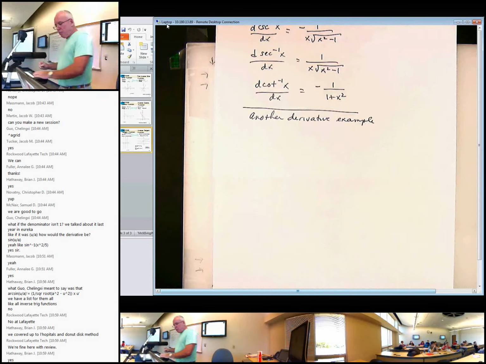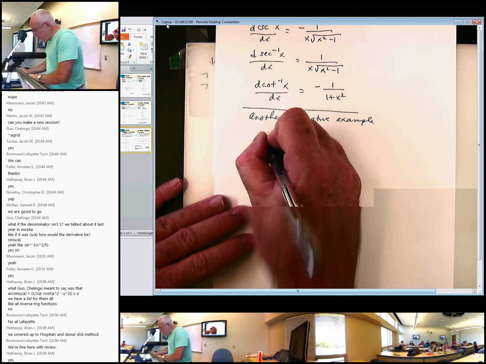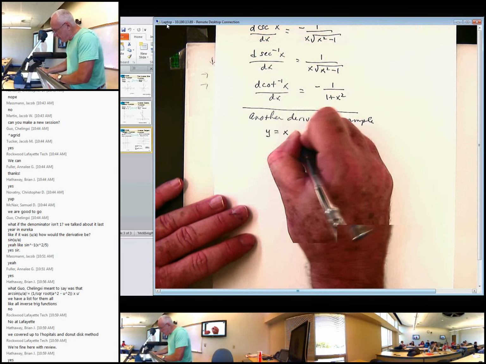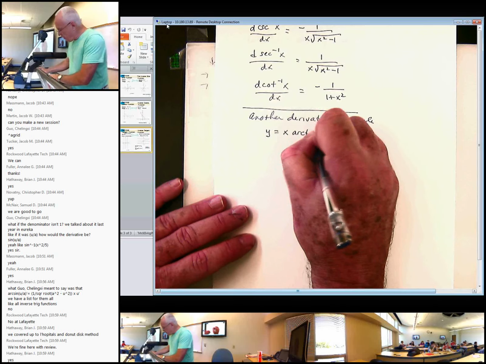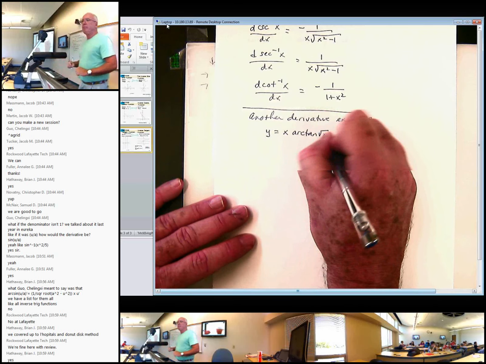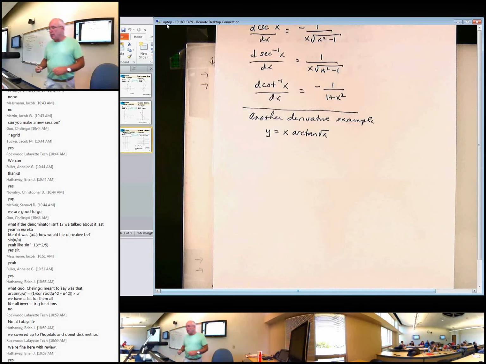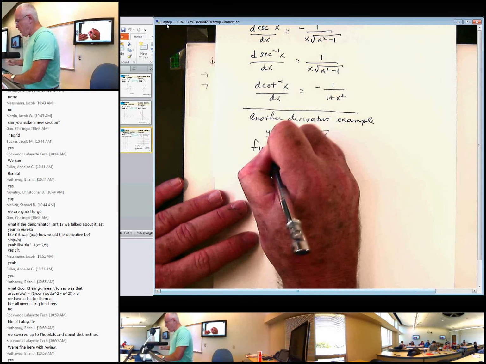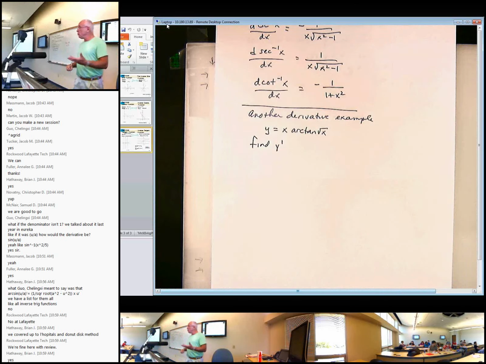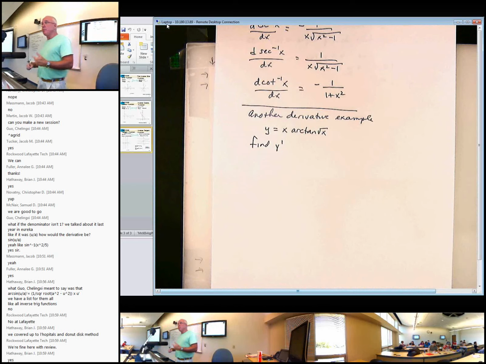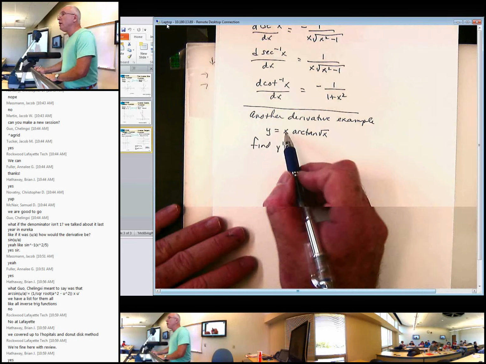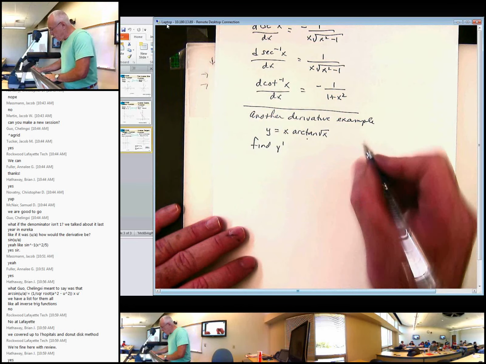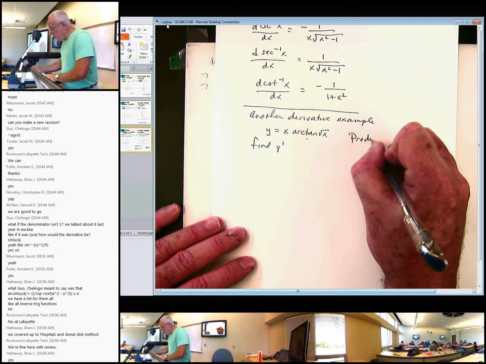And this time we're letting y equal x times the arctangent of the square root of x. And we want to get y prime. Now, of course, we're going to recognize that we have to use the product rule. We have function number 1 and function number 2. So we have to be aware we're going to use the product rule.